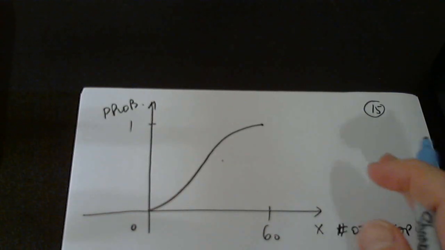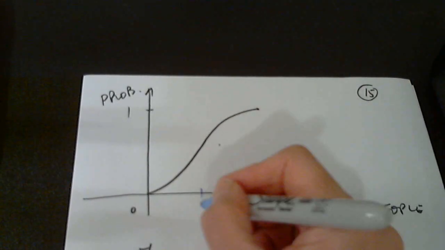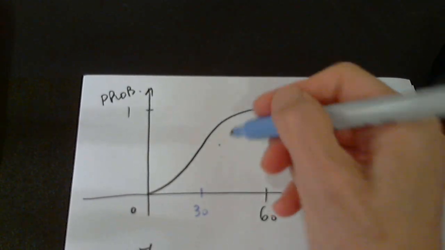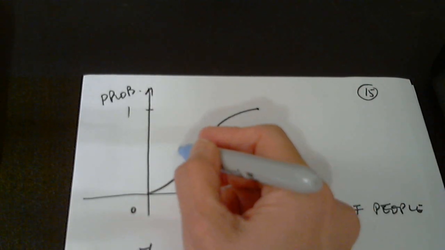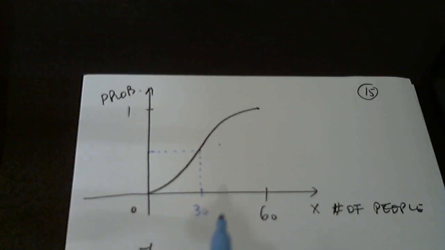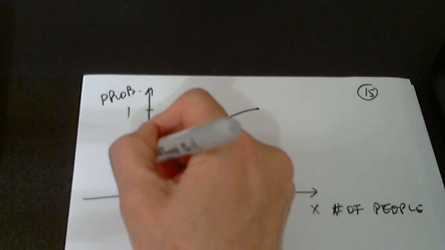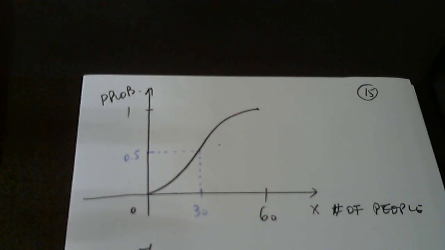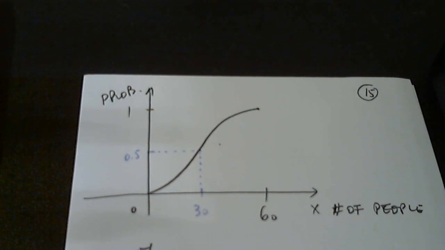Again, we're not reading from my graph, but let's say if I have 30 people in the room, the probability that 2 people share the same birthday, I'm going to say is 0.5, which is 50-50. I'm just explaining.